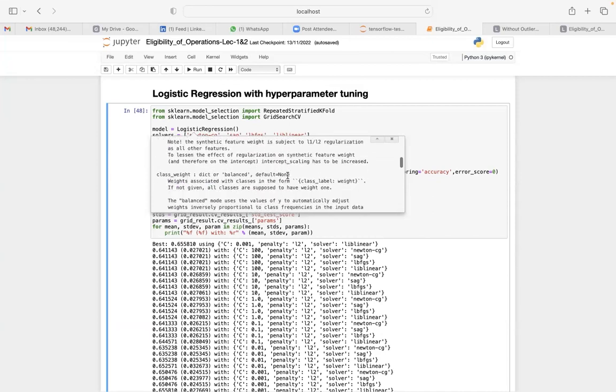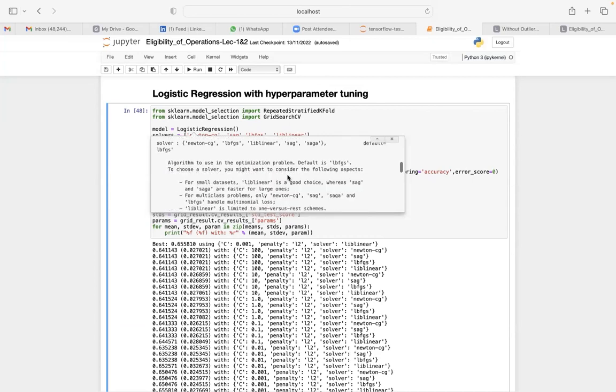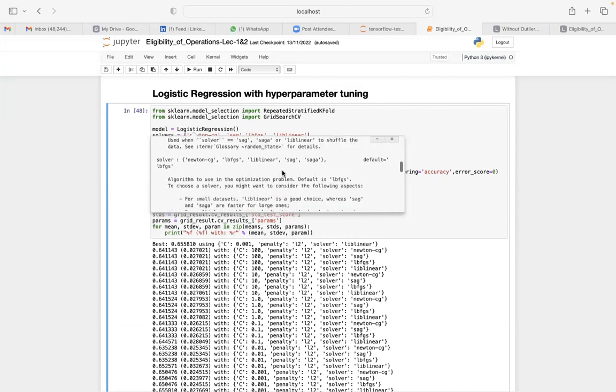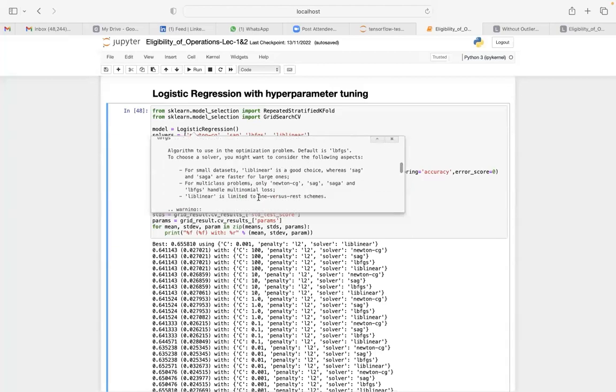And when you want to know more about solver, these are the solvers that we have. The default is LBFGS, an algorithm to use in the optimization problem. So as you can see, these are all algorithms optimizing the problem, basically a sub-algorithm within the main algorithm. That is why these things come into picture when you try to improve the prediction, because they all come together to reduce the error and give you better prediction.